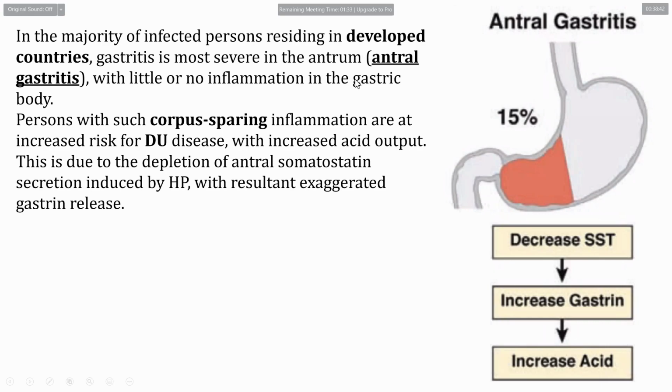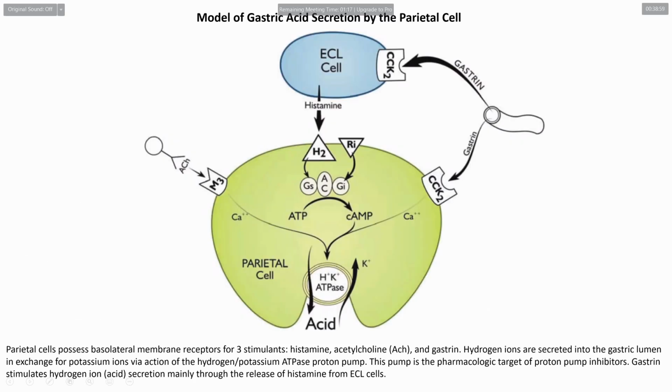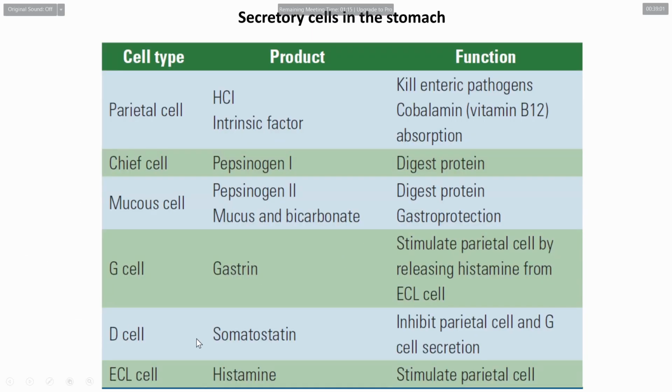What does H. pylori do in your stomach? If you're living in a developed country and you're Western, H. pylori mainly causes antral gastritis, okay? It affects your antrum. I've already told you that your antrum has D cells, and they secrete somatostatin.